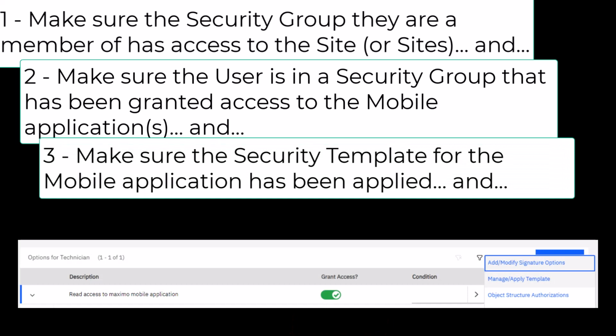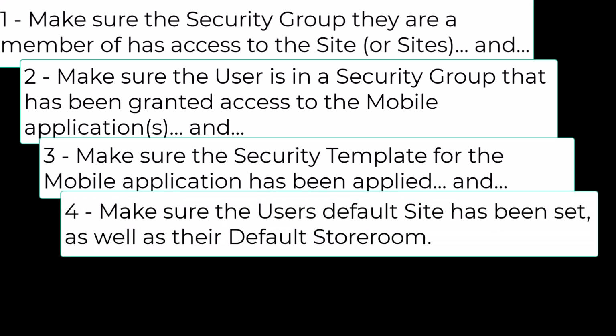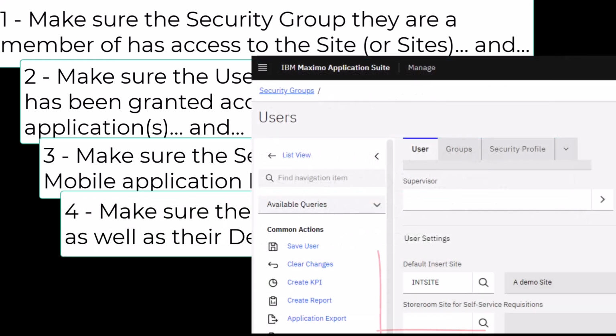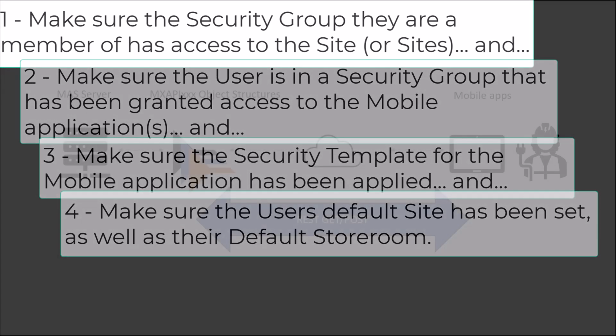Third, make sure the security template for the mobile application has also been applied. And finally, make sure the user's default site has been set, as well as their default storeroom if they're using the inventory apps. So these are the easy parts and the things that should already be in place. But at least at this point, they have access to the applications that they need.